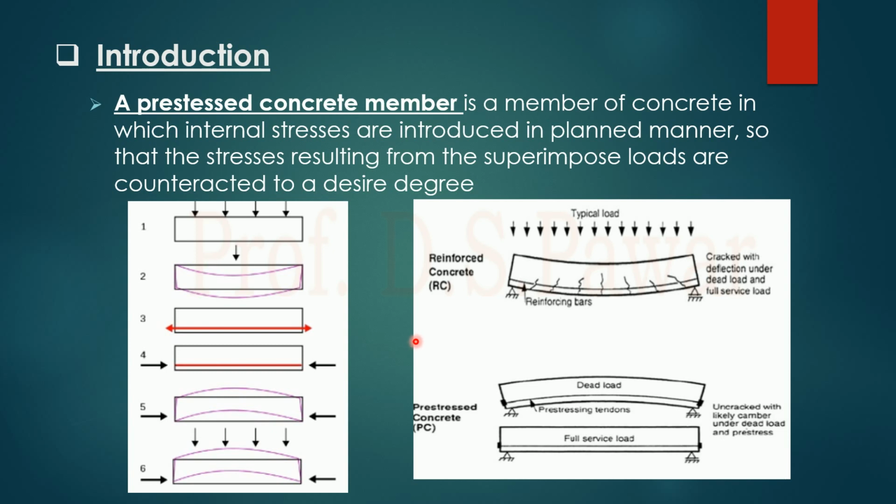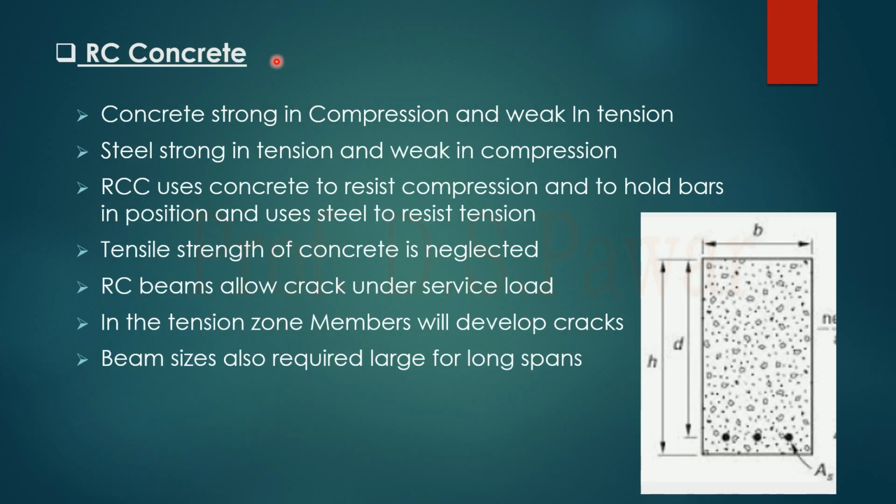Okay, next part. What we have seen in reinforced concrete: concrete is strong in compression and weak in tension. Steel is strong in tension and weak in compression.